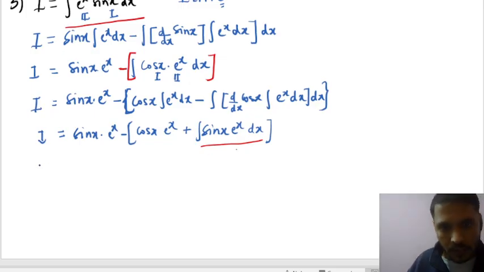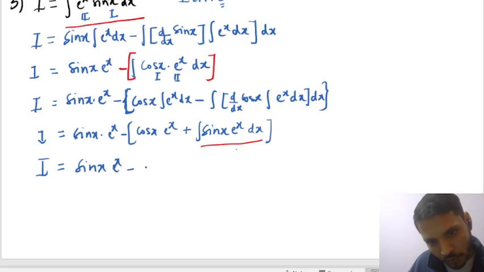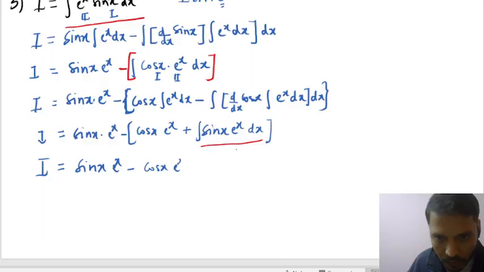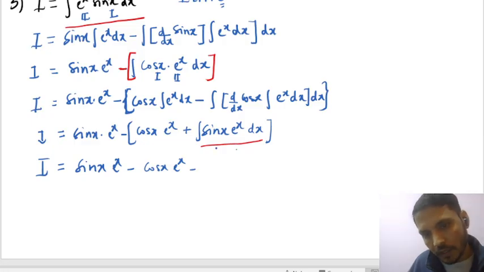So finally I is equal to sin x e to the power x, and if you open this bracket, it will become minus cos x e to the power x, and this minus and plus will also become minus, and this red underlined part I am going to replace with I, because this is exactly the given data.